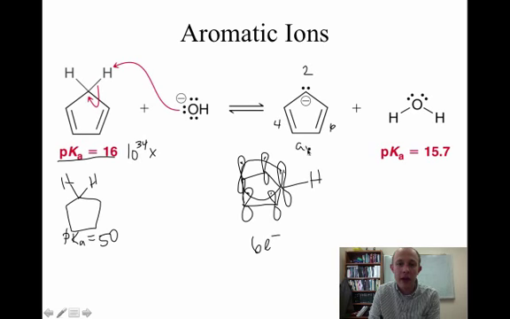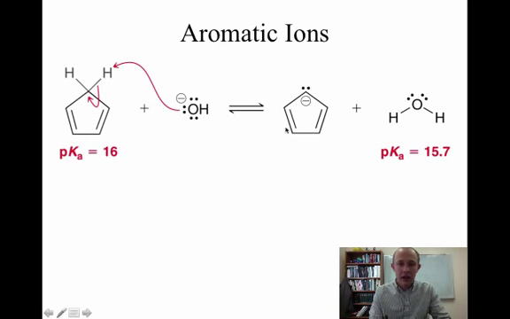So this is an aromatic anion. The cyclopentadienyl anion is aromatic because it meets all the criteria of aromaticity and is extremely stable, and therefore its conjugate acid is much more acidic than it otherwise would have been.